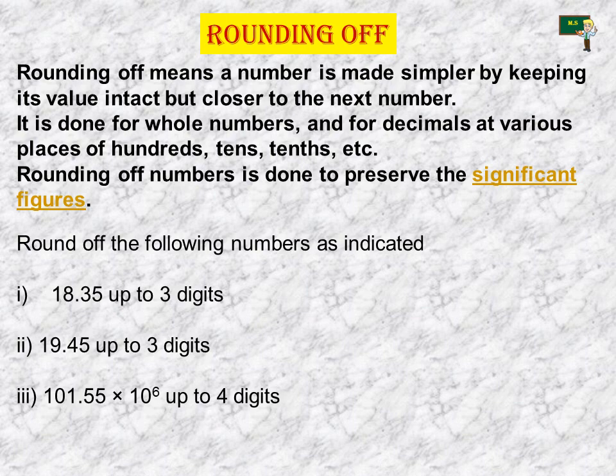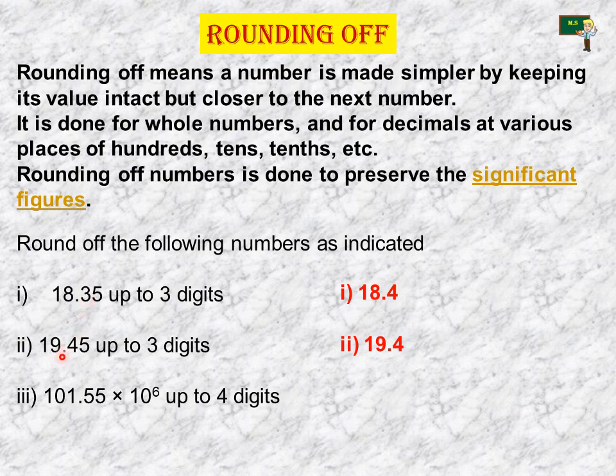Now round off the following numbers as indicated. These are some examples I put for your understanding. First one, 18.35 up to 3 digits. Let me show the answer. First one, 18.4, since we add another 1 to the 3 because of the 5.